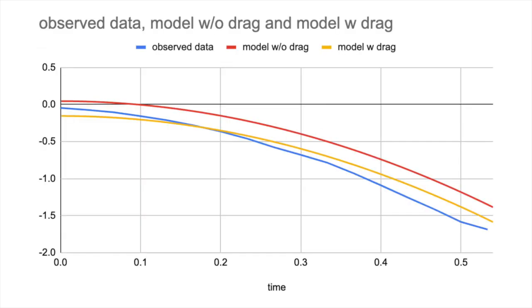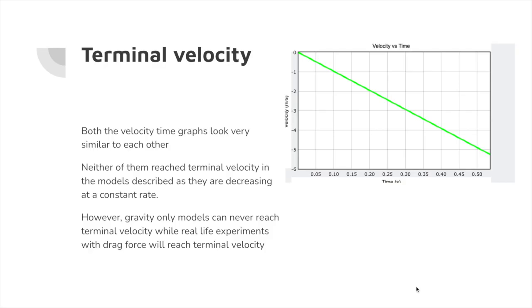And now this is a graph of all three together, and you can see how the model with drag is now closer to the observed data than the model without drag. And finally, when it comes to terminal velocity, for the model with drag and without drag, both the velocity time graphs look very similar to each other in the time frame that was being used.